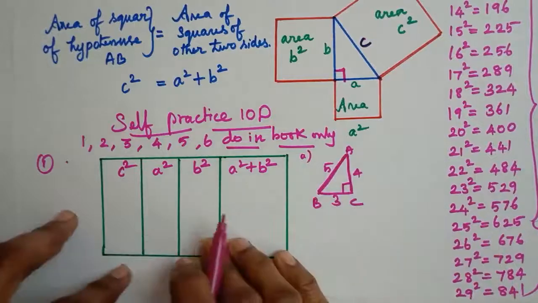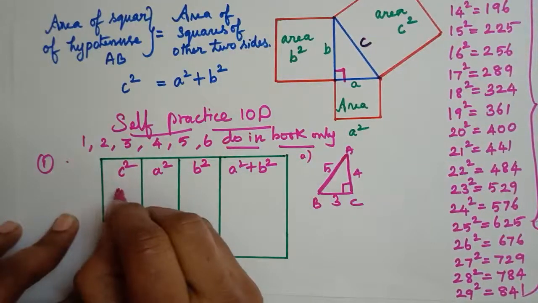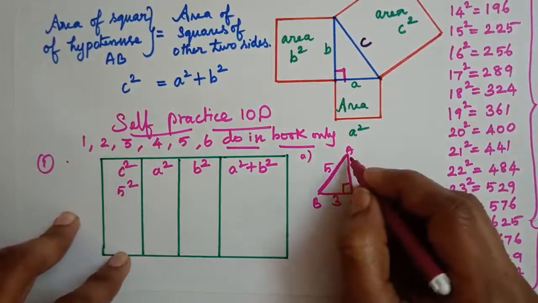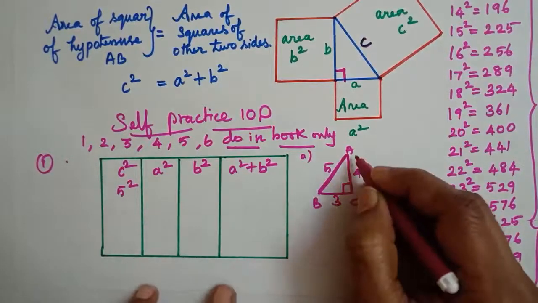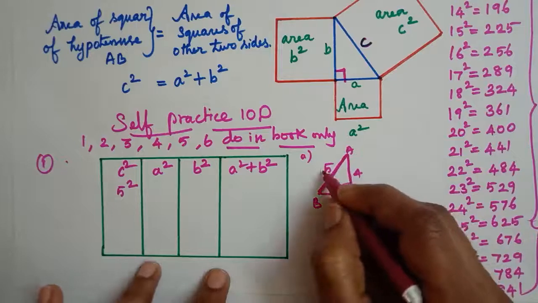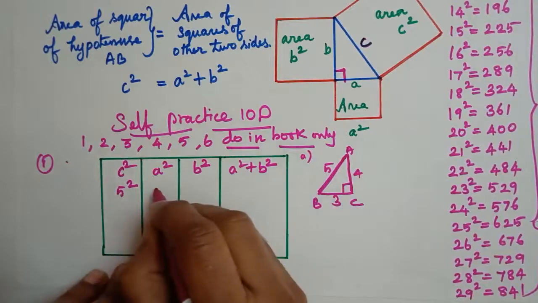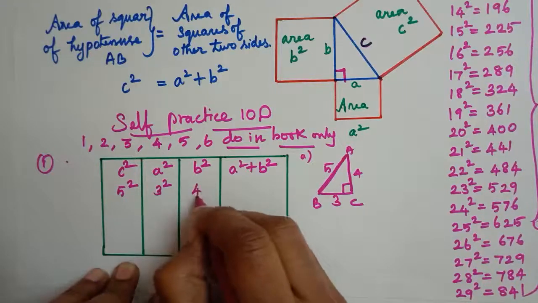So you should write c squared as 5 squared. Then a squared is 3 squared, base squared plus perpendicular side squared, or otherwise c square is equal to a square plus b square. This is a square, this is b square. Then a square is 3 squared, b square is 4 squared.